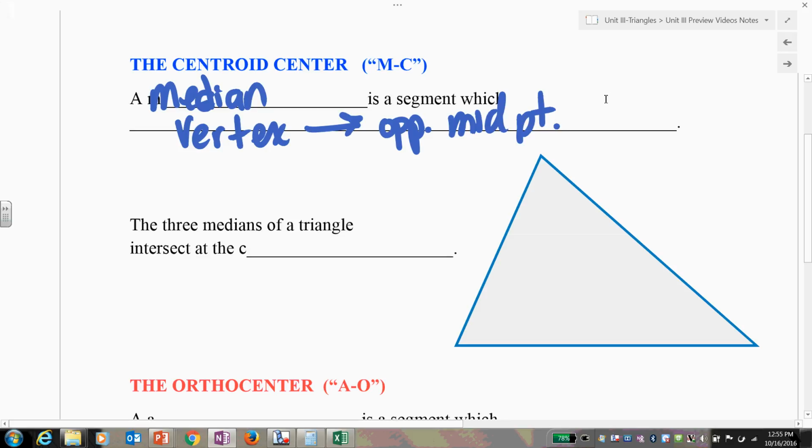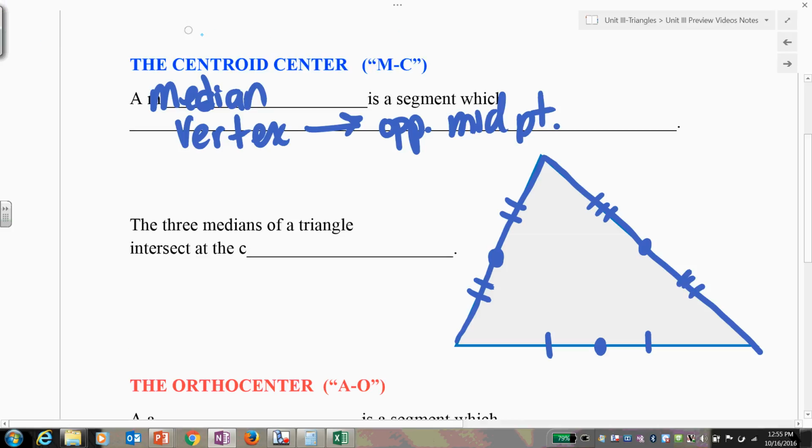We're going to draw all 3 medians right now, all 3. Ready? Eyeball that midpoint. Hatch mark. Trace this side, eyeball the midpoint, hatch mark. It's your second midpoint. Physically trace this side, eyeball the midpoint, it's your third one.